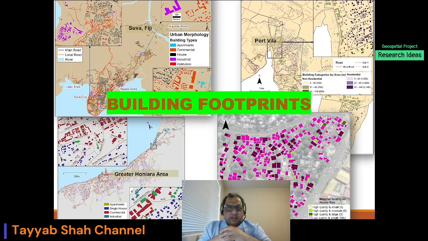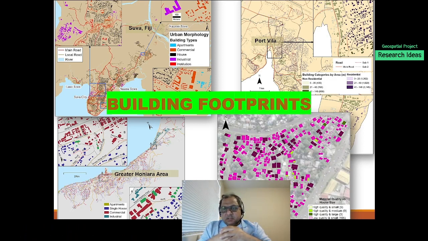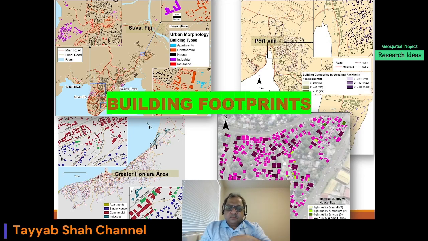Sometimes they want to categorize them into different types of buildings, commercial, non-commercial areas, apartment, non-apartment, and versus the quality of the rooftop and versus the size of the building front.